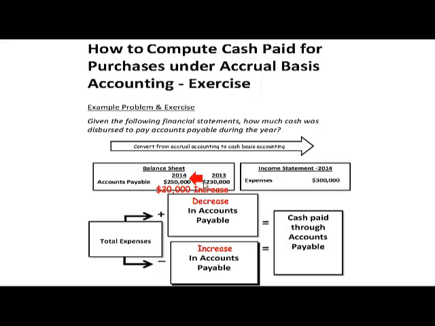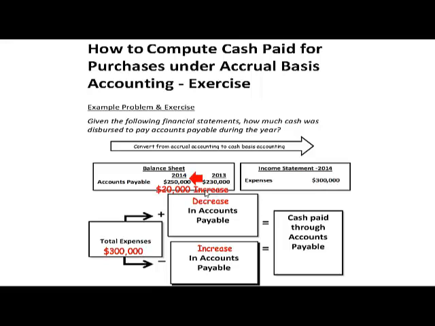We went from a $230,000 balance at the beginning of 2014, and we end up with a $250,000 balance, which means we had a $20,000 increase in accounts payable. So now we take our total expenses of $300,000 and insert that in the box.